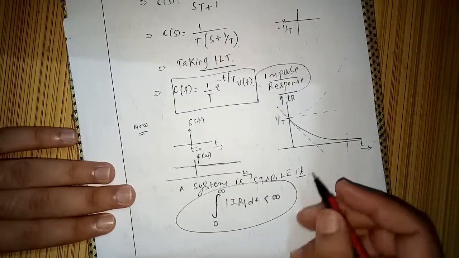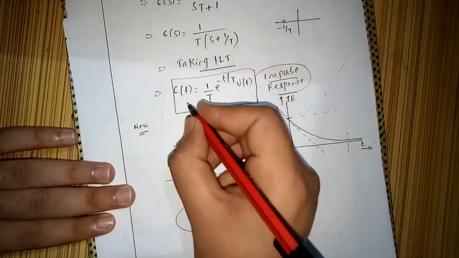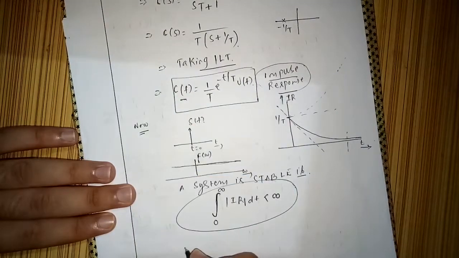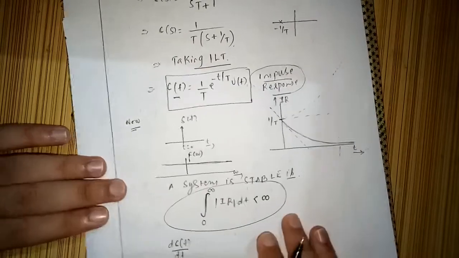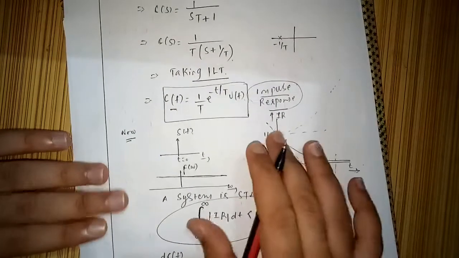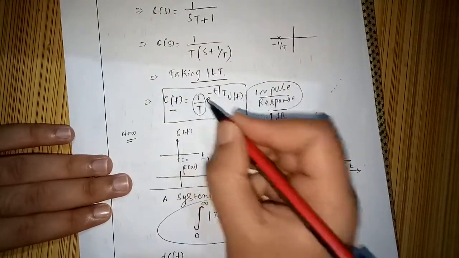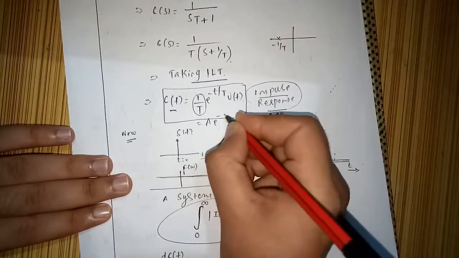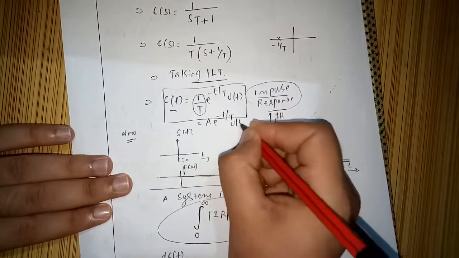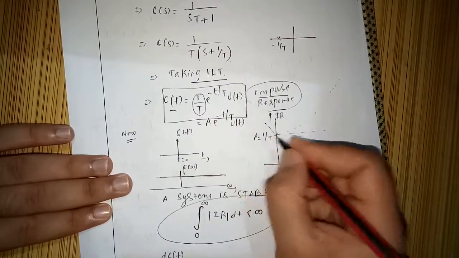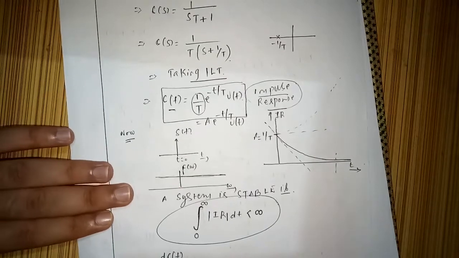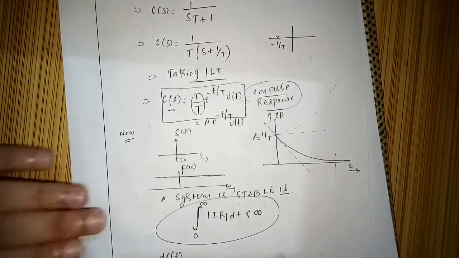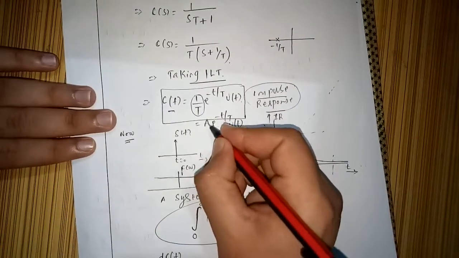So let's take this impulse response and take its derivative, dc(t)/dt, right? Let's denote (1/T) with a, e^(-t/T) u(t). Why I am taking a: this is nothing but gain, sorry, not the DC gain, but I'm representing it as a.